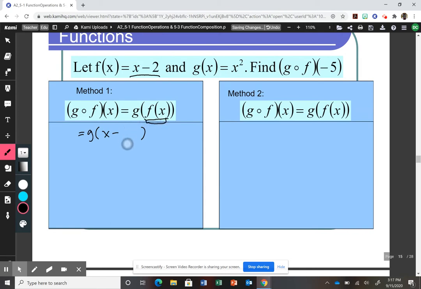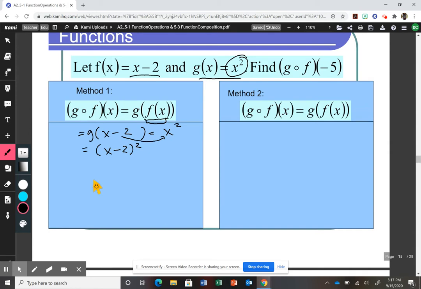That's not a 2, that's an f. Right? So next I'm going to say, okay, well, what is g? g is x squared. But instead of writing x squared, I'm going to write what's in here. So when I'm looking at g, it's x squared. Okay? But instead of writing x squared, I'm going to plug in x minus 2. So this is actually going to be x minus 2 squared.